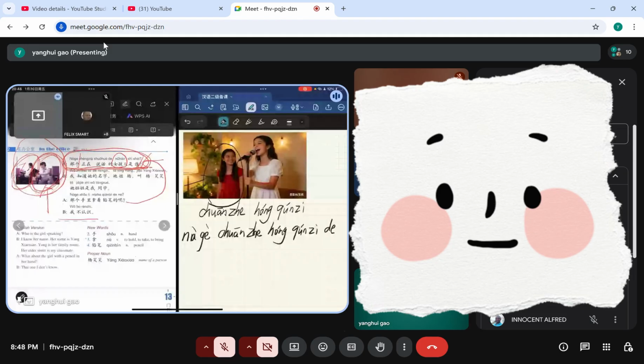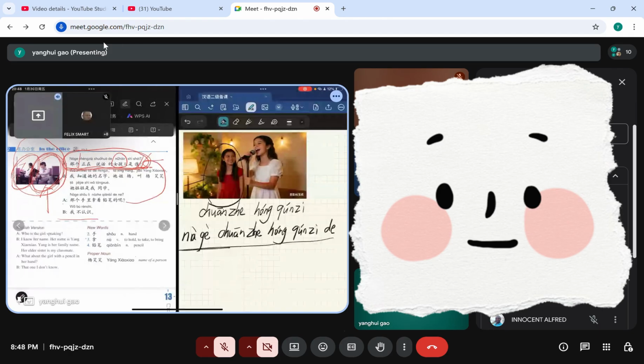So now you omit 女孩. That's right. You can say the sentence like this. 那个穿着红裙子的是谁? So this is a 的 sentence. You can just use the phrase to indicate that girl. 那个穿着红裙子的, it's okay, it's right.